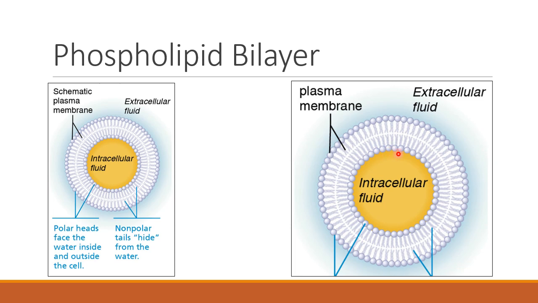So the heads will be facing the fluid, whether it's fluid inside of the cell or fluid outside of the cell, and it'll create this inner layer of lipids, which makes it very difficult for things that are water soluble to pass through it. And that might make sense here in just a minute.